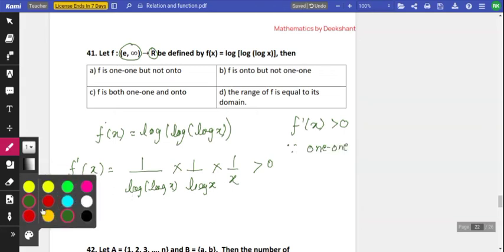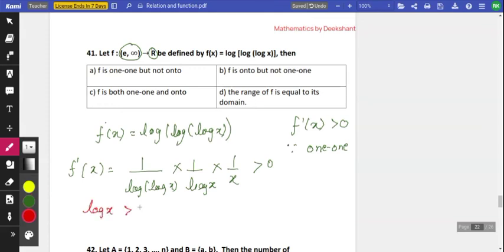For the function to be onto, log x is greater than 1 for x belongs to e to infinity, and the log x function is always greater than 0.